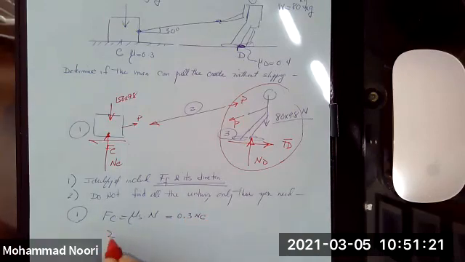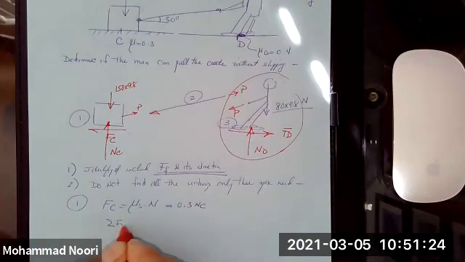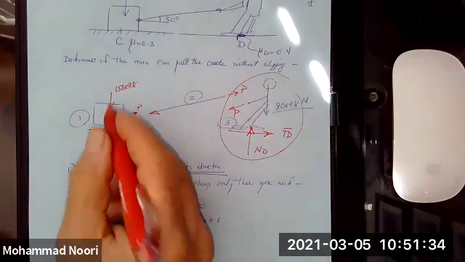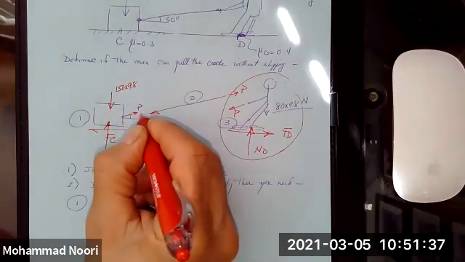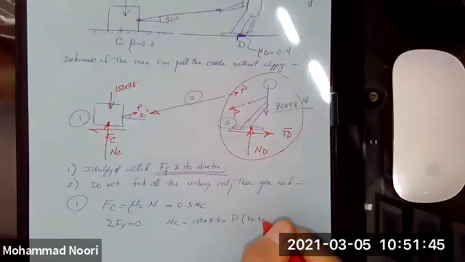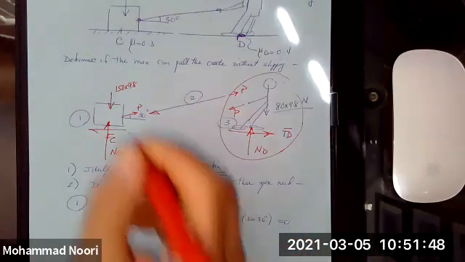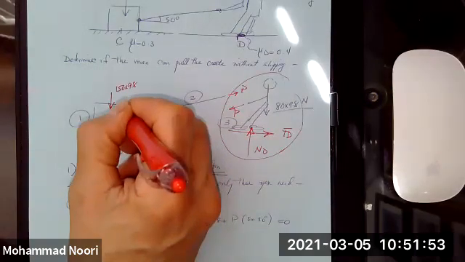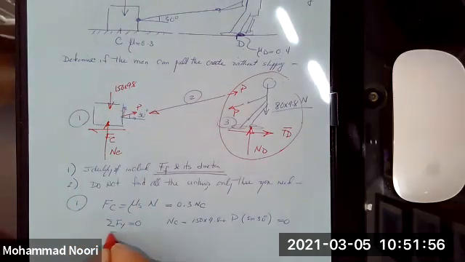Now, write some equations of equilibrium. Summation of forces along y is equal to 0. So you have Nc minus 150 times 9.8, and this angle is 30 degrees, plus P times sine of 30 degrees is equal to 0. If you break this into components, this is the force along y. Also, summation of forces along x is equal to 0.